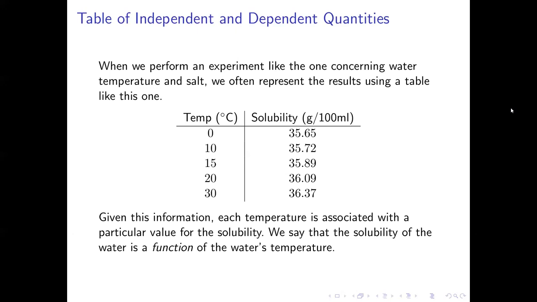In other words, if you pick a temperature, given what you now know from your table, you can figure out the associated solubility based on that temperature. That's all you need to know. We say in that case that the solubility of salt in the water is a function of the temperature. And that leads us then to the general idea of a function.